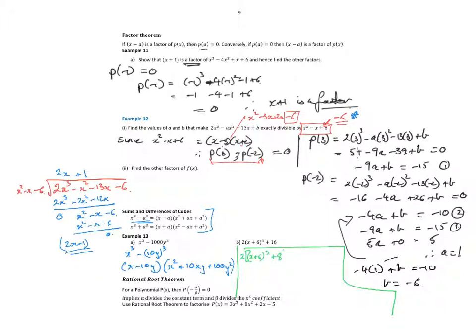Oops, sorry, plus 8, which is 2 outside of x plus 6 all cubed plus 2 cubed. So there's my sum of cubes, which is 2 outside of x plus 6 plus 2.